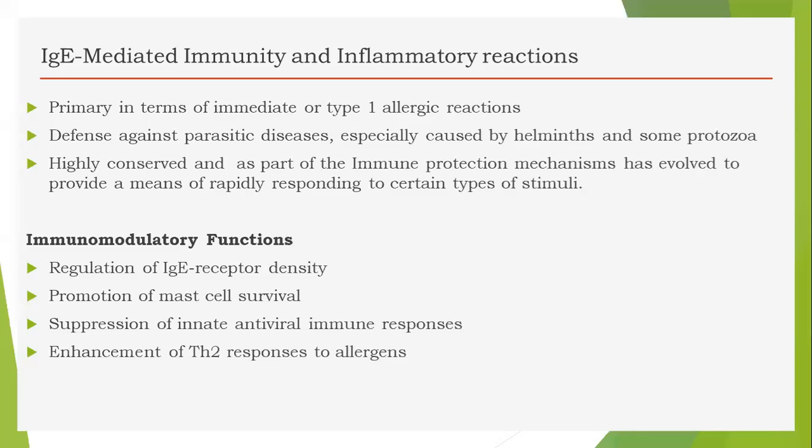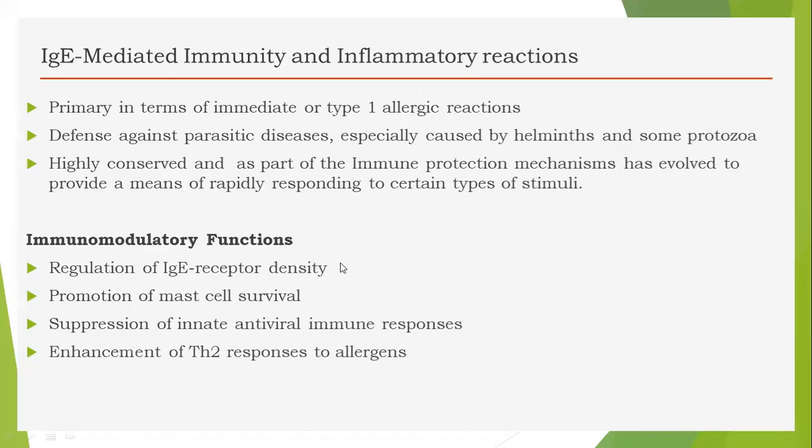So from that context, we then talk about immunoglobulin E-mediated immunity and inflammatory responses or reactions. Okay, so this usually occurs primarily in response to allergic reactions and usually to parasitic infections, such as protozoa and other parasites that will initiate immunoglobulin E inflammatory reactions.